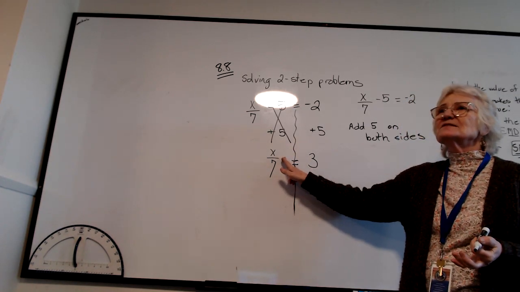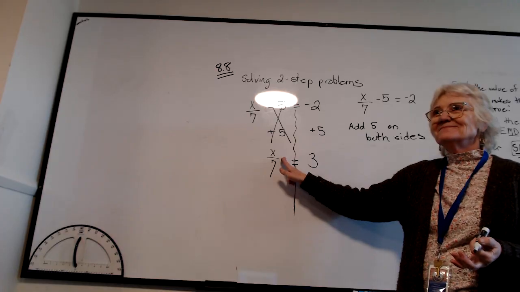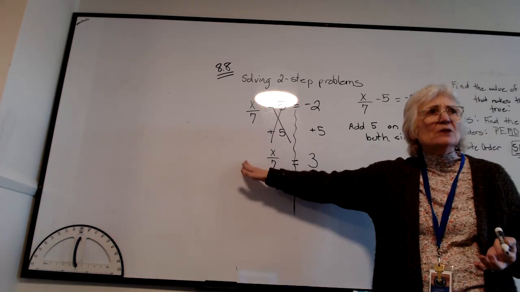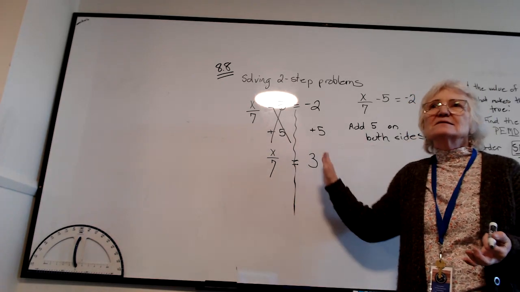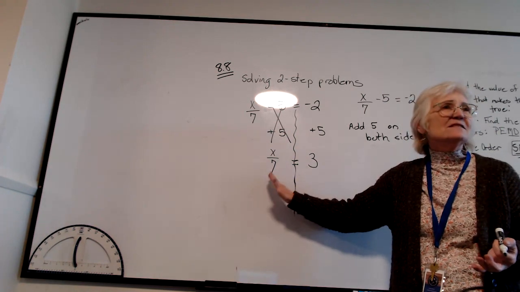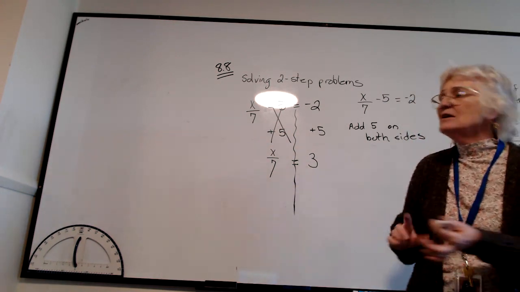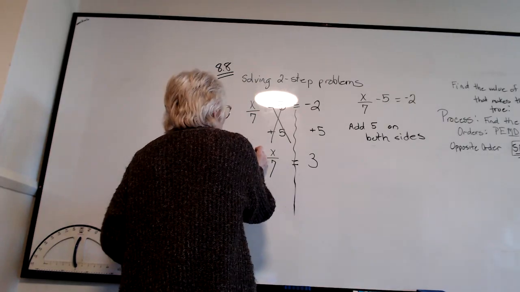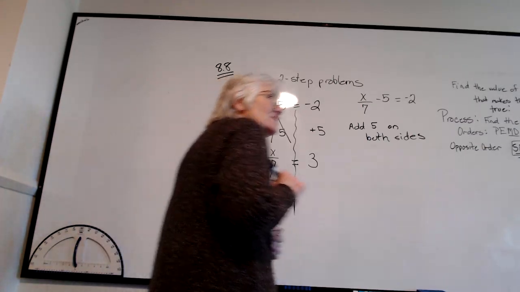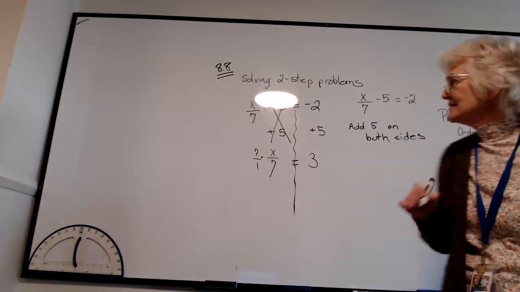Okay, what's the opposite of that, Marcy? Multiplication. Okay, so that means I'm going to multiply both sides by 7 because we're doing the opposite of division by 7. We're going to multiply by 7, which, if you remember, 7 over 1 is how I would multiply that.